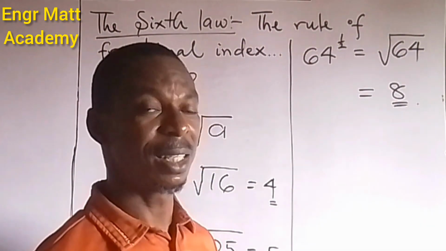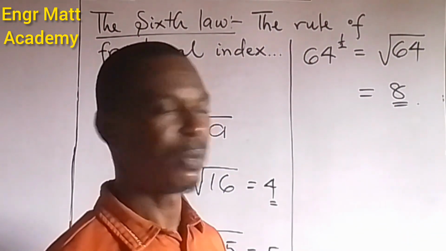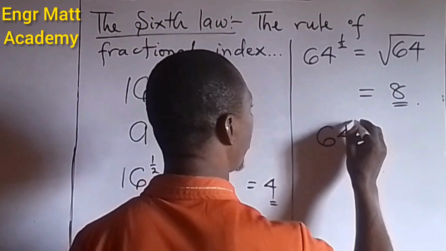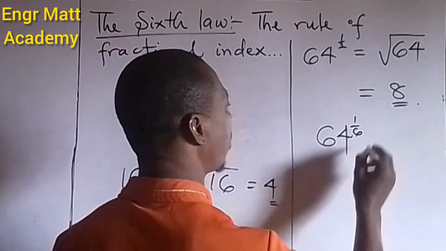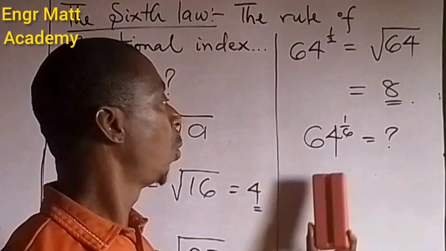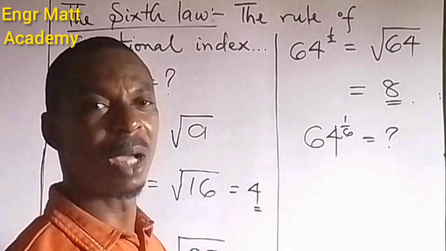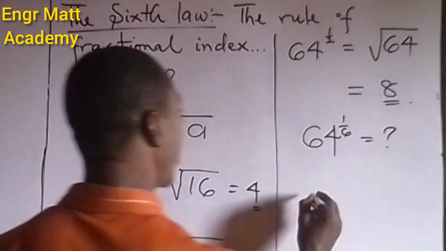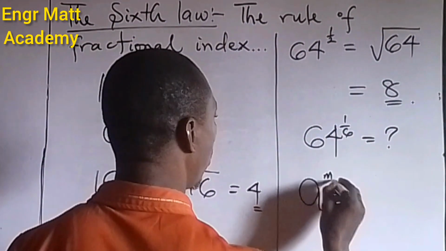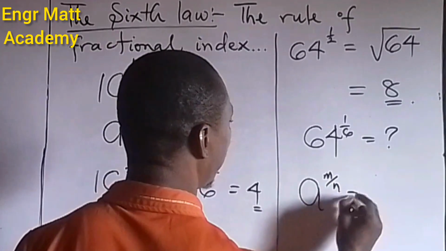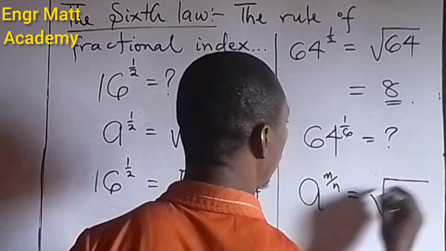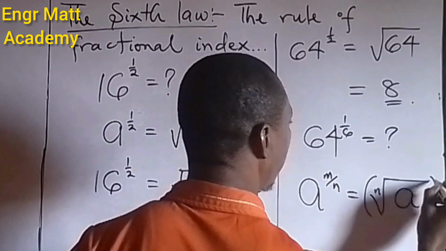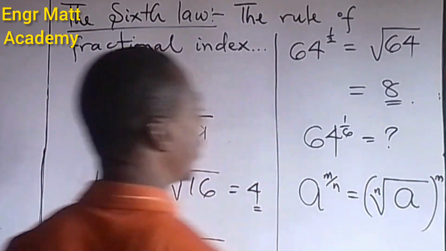But fractional indices are not always 1/2. For example, we have 64 raised to the power 1/6. So what do we do here? This is where we apply the general rule. The general rule says if a is raised to the power m/n, then we should look for the nth root of a and retain the power.